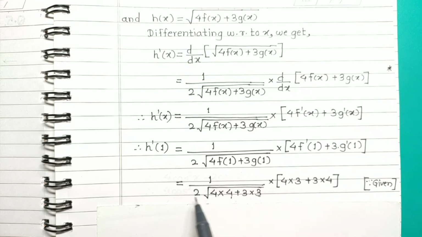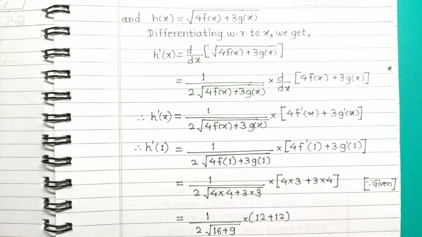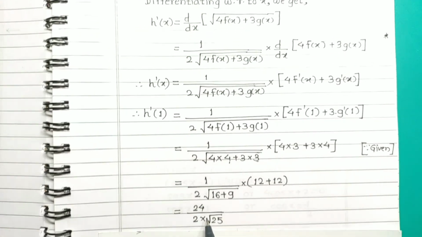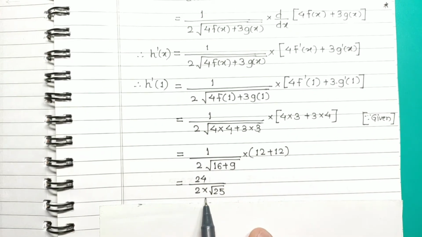Now let's do this calculation. So see, we have 1 upon 2 into square root of 4 into 4, 16, plus 3 into 3, 9, into 4 into 3, 12, plus 3 into 4, 12. So we have 24 upon 2 into root of 25.